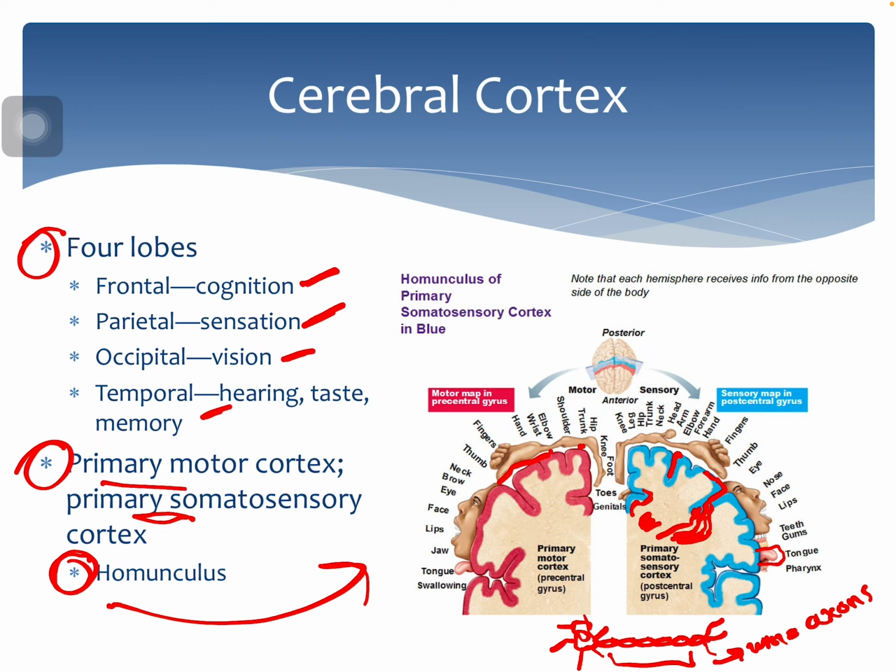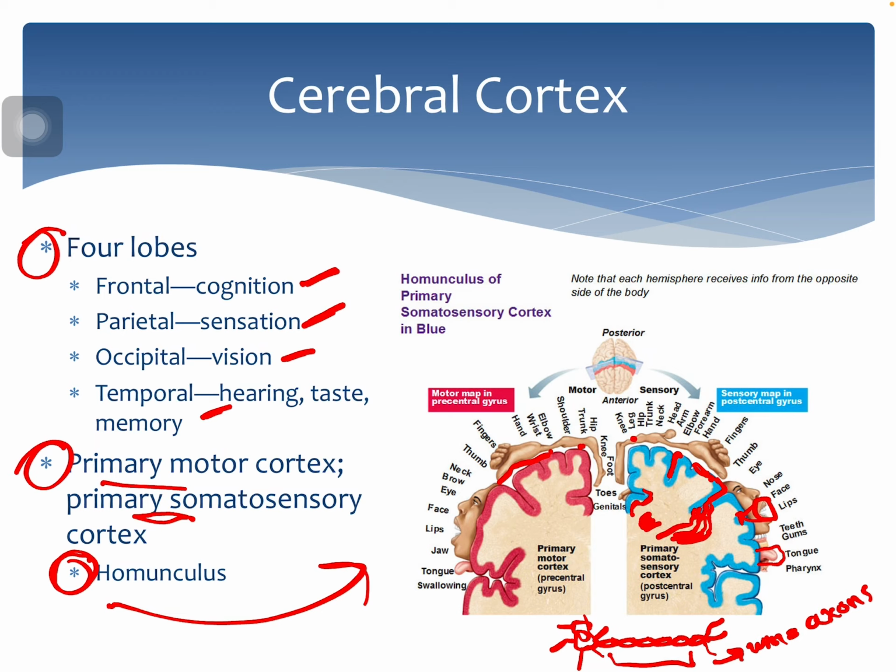On the trunk, they have to be pretty spread out for you to sense them as two. Whereas the lips have a large area of the cortex devoted to them, and you need just a really small amount of space between the two points to tell the difference. That's because there's more surface area of the cortex devoted to the lips. There's more surface area devoted to the thumb compared to the leg, compared to the back, things like that.